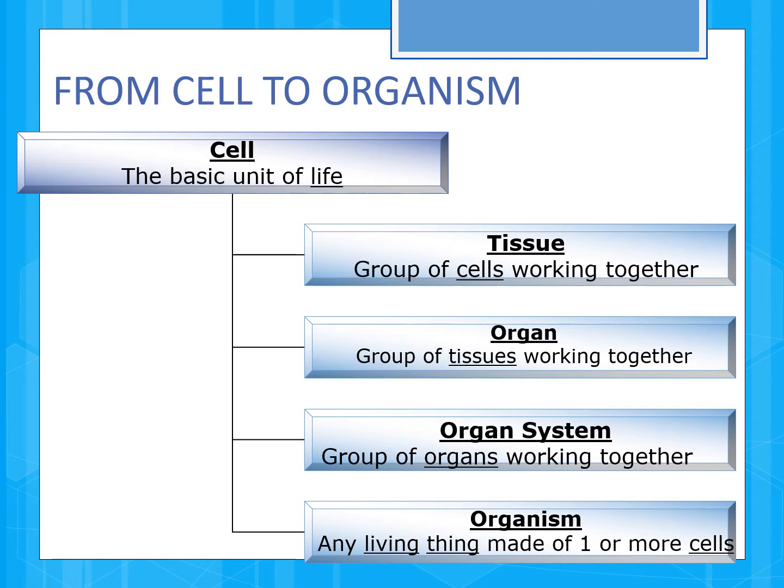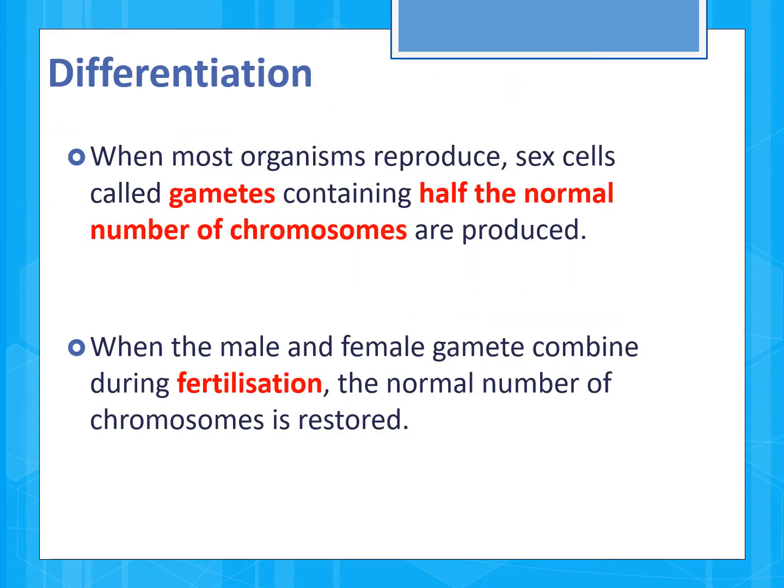So how do we start from an identical cell and end up with a wide variety of different cell types? That is due, again, to gene expression. In sexual reproduction, we call the sex cells, sperm and egg, gametes.